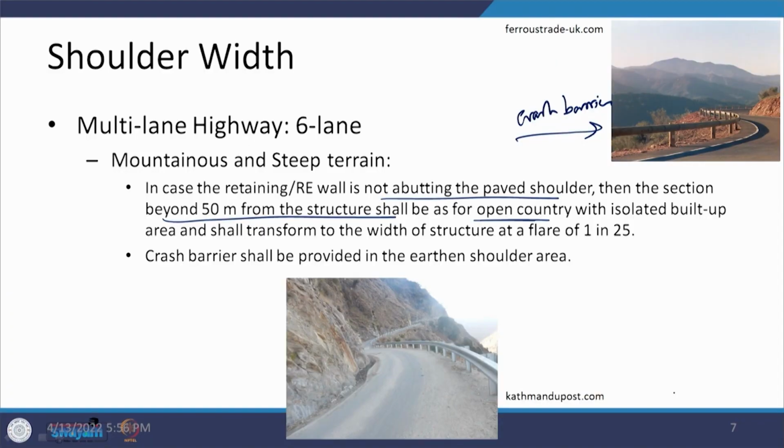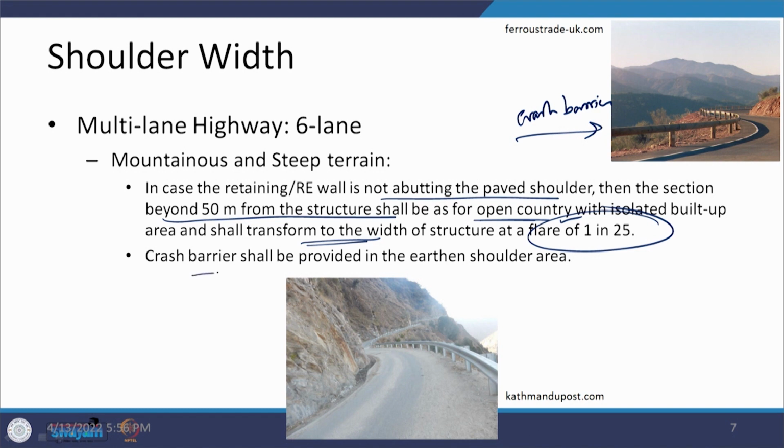So, what it says is that if your RE wall is not abutting, then it means you have the space to carry forward the section which is there on an open country with isolated built up area over this particular structure. And if there is still a possibility of transforming the widths because of any other reason, then the flare which is being provided is at a rate of 1 in 25. So, that is the way we are going to do it.